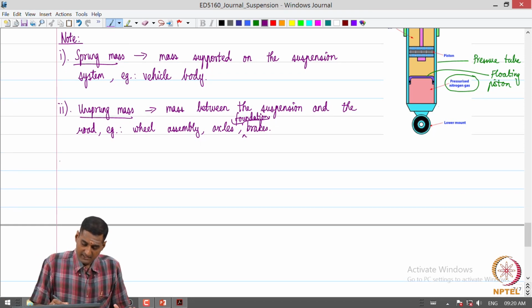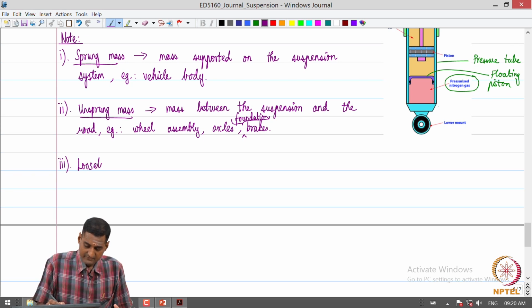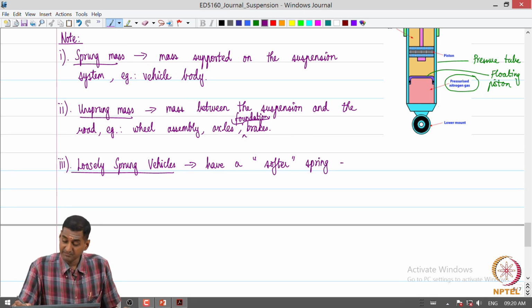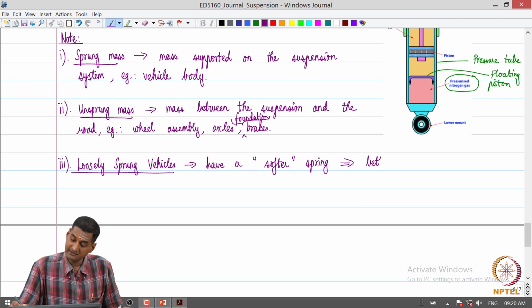So, we use the term loosely sprung vehicles to refer to those vehicles that have a softer spring, which implies better or improved ride comfort.